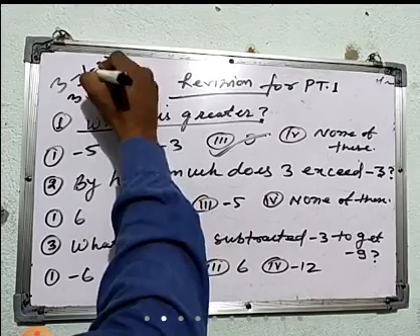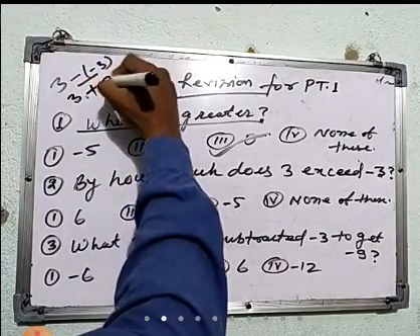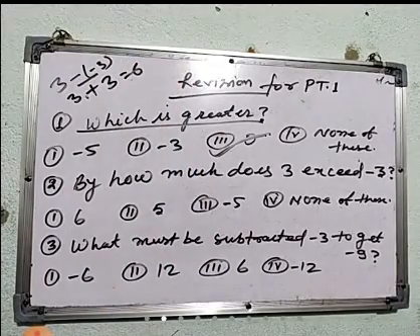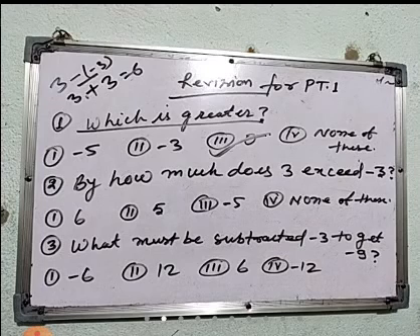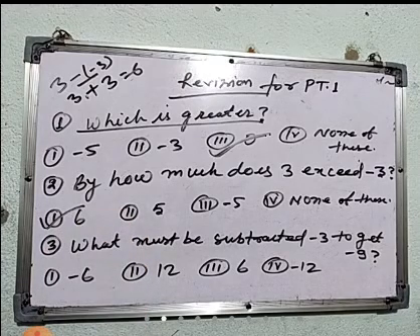So minus minus becomes plus. So you write here 3 plus 3 equal to 6. So your number is 6. So you take option 1.